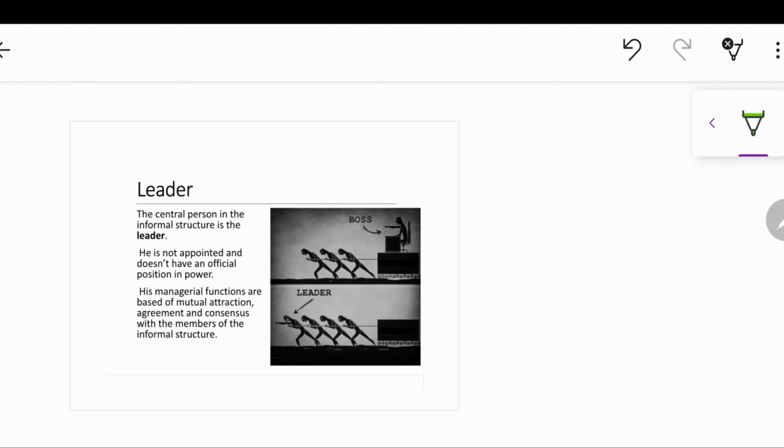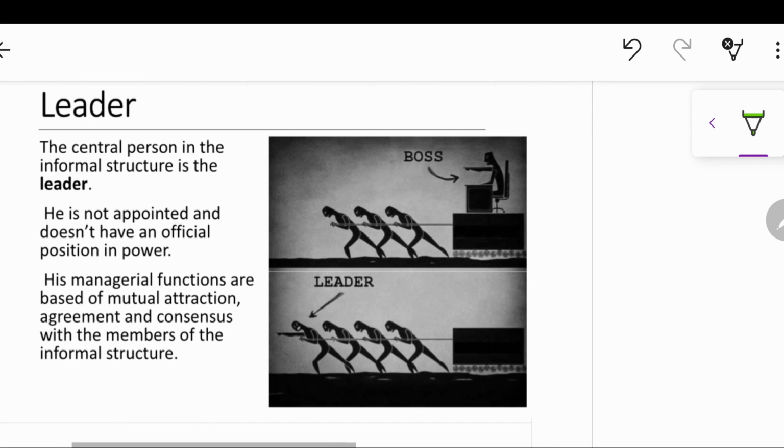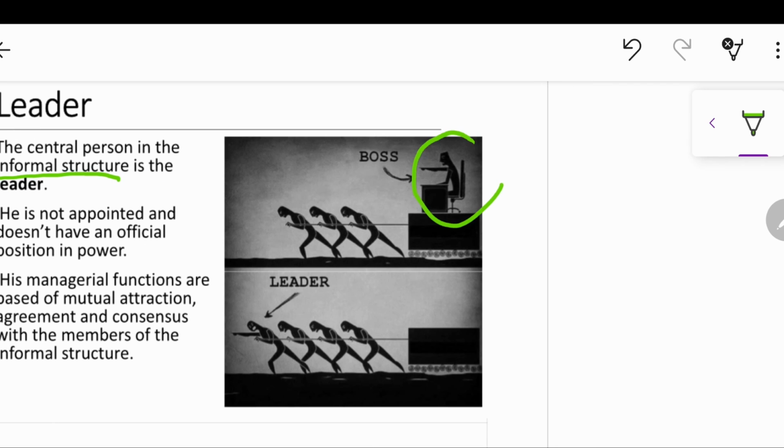Now the leader. We all know the leader is someone who takes the lead. They are the central person in the informal structure. So within the informal structure, people will recognize there is someone who can rally them. Now the difference here is, here we see a formal leader, here we see an informal leader.